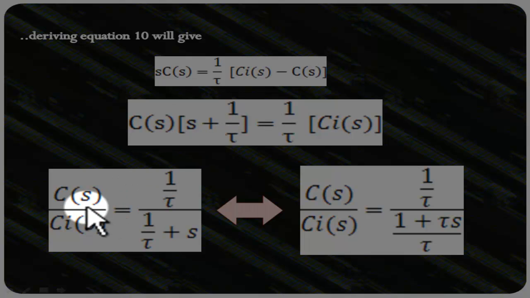Solving for C of s over Ci of s is equal to 1 over tau over s plus 1 over tau. Simplifying this term gives C of s over Ci of s equal to 1 over tau s plus 1 over tau, over tau.